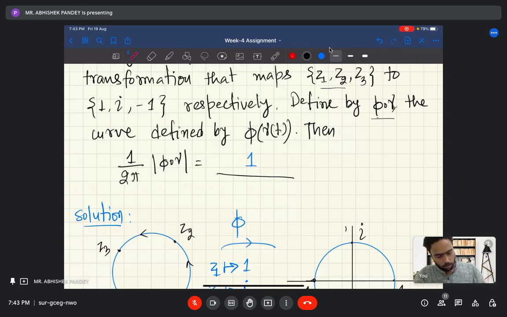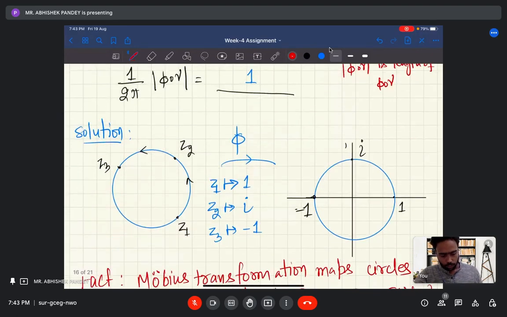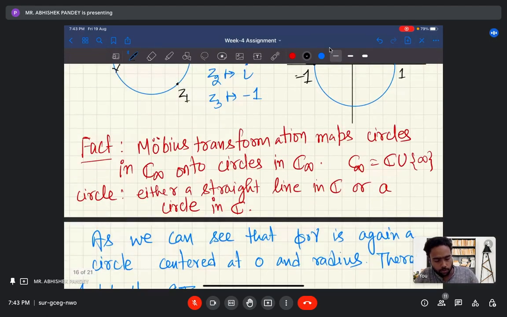So this is the length of phi o gamma. Basically this is the circle starting at Z1 and ending at Z1. And phi sends Z1 to 1, Z2 to i, Z3 to minus 1. As you can see, 1, i, minus 1 are non-collinear. And the fact you know is that a Mobius transformation maps circles in C infinity onto circles in C infinity.